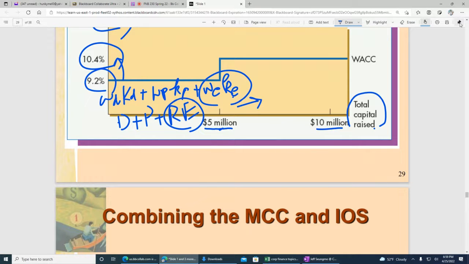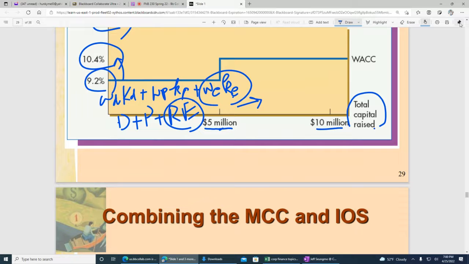Up to 5 million, as you need $1 more to raise, it would still be done at the weighted average cost of capital of 9.2.